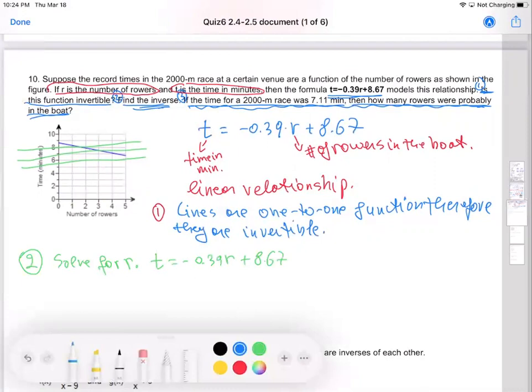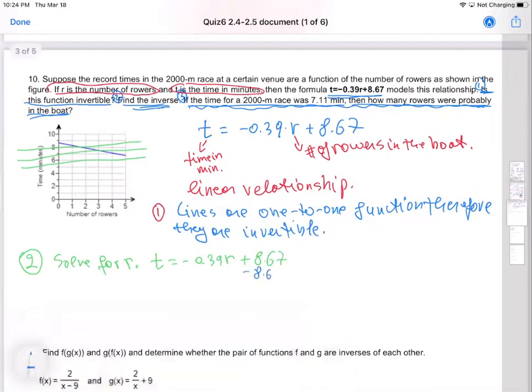Subtract 8.67 from both sides. Then we have T minus 8.67 equals negative 0.39 times R. Divide by negative 0.39 on both sides.